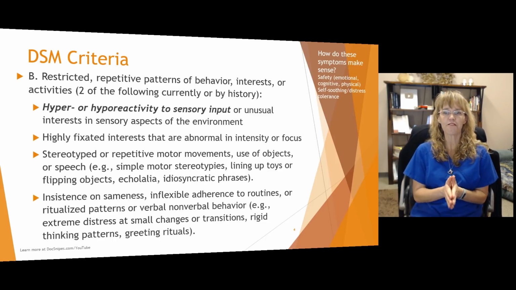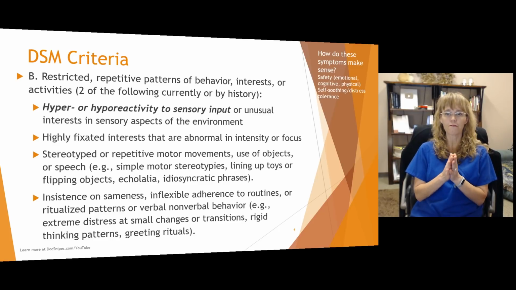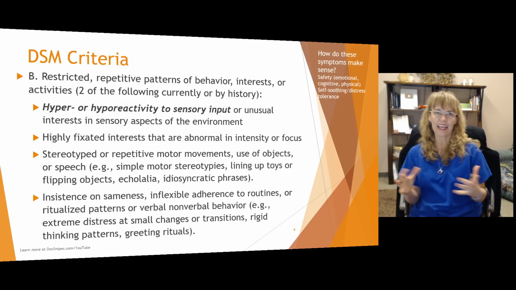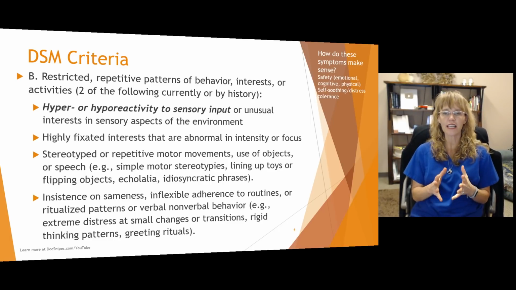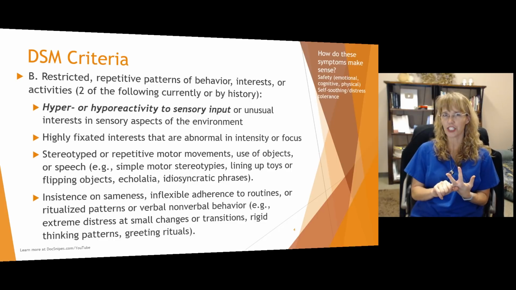Insistence on sameness, inflexible adherence to routines, or ritualized patterns of verbal or nonverbal behavior. It's important to recognize that people who are on the spectrum often have distress at small changes or transitions.